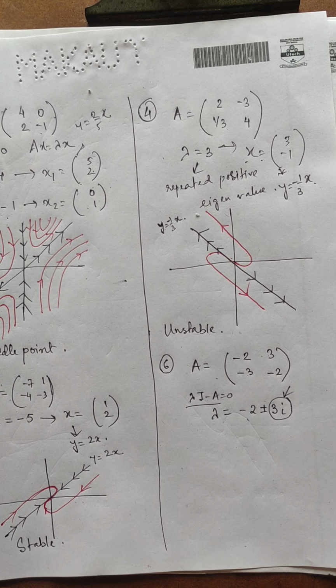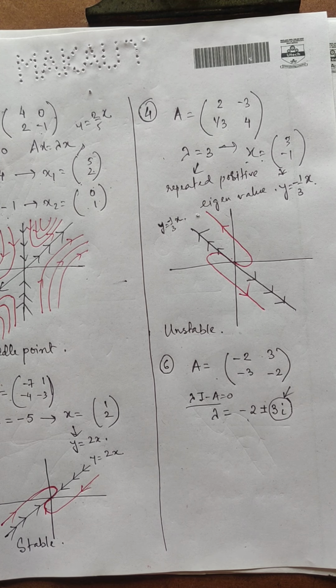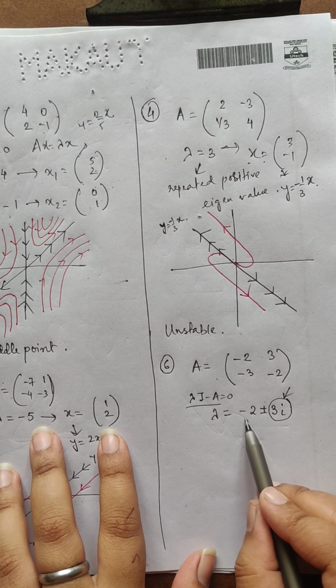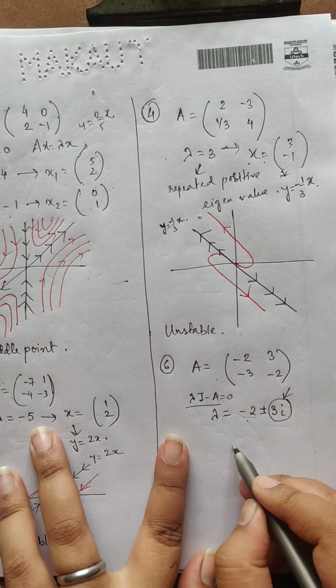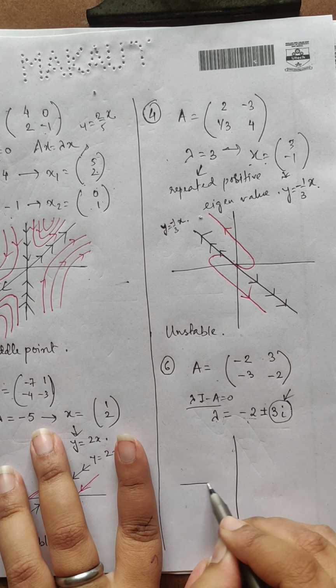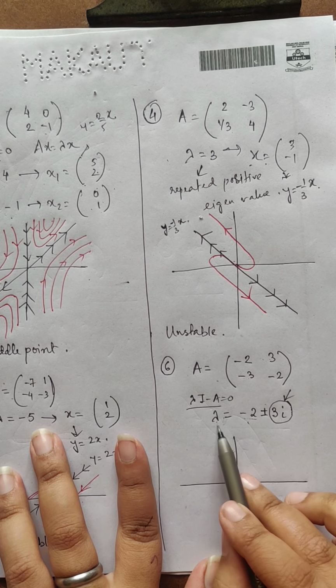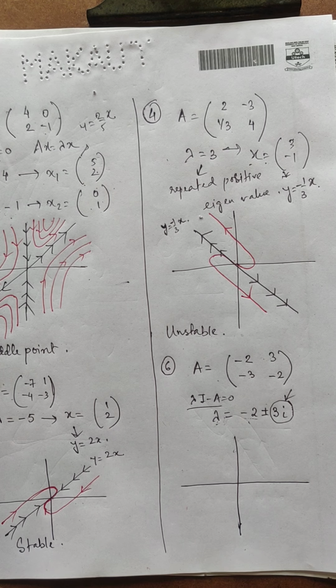So because of this cos and sine term, my trajectory will not look like a straight line. It will have a curved line. And since the real part of the eigenvalue is -2, if I draw a phase plane, first of all the trajectory should converge towards the origin.